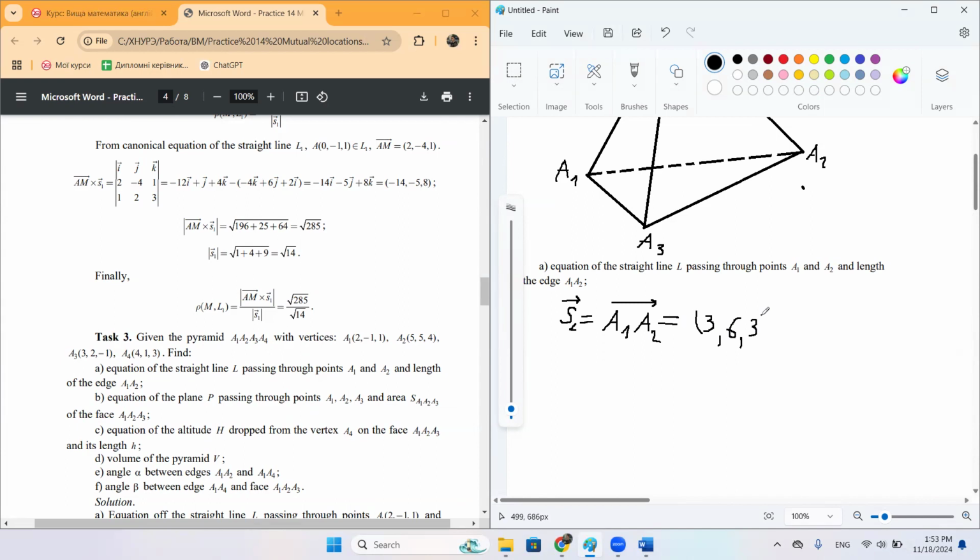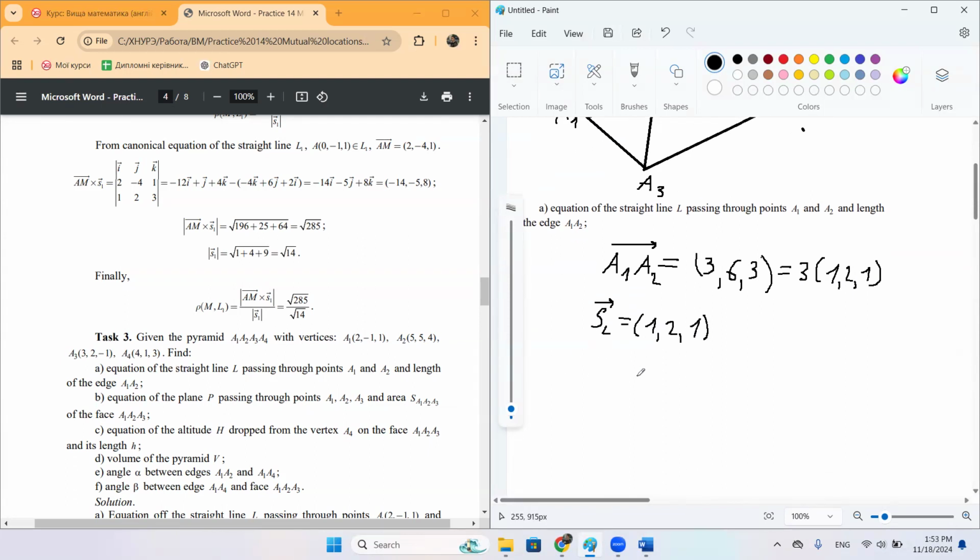Oh, yeah, we can also reduce it by 3, so it will be easier for us. So the direction vector will be 1, 2, 1. Just reduce everything and simplify as much as we can.